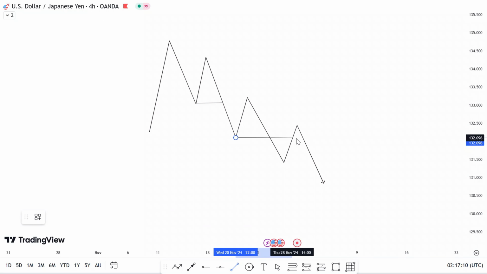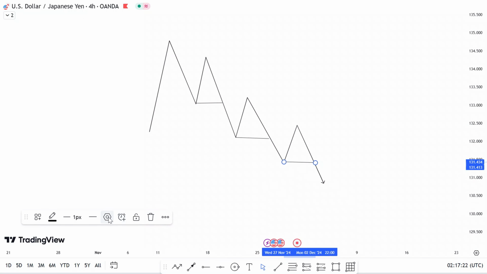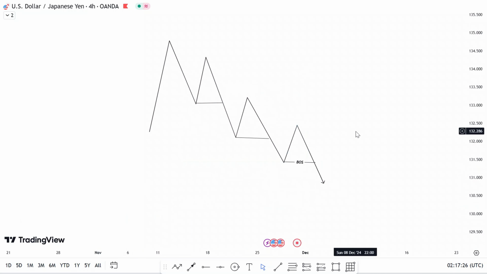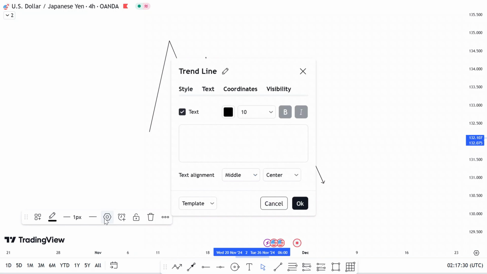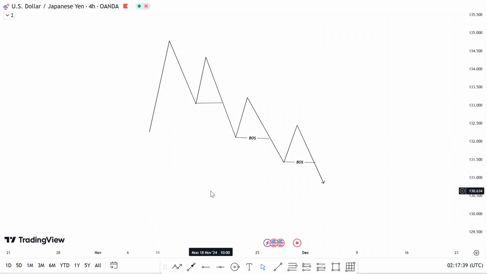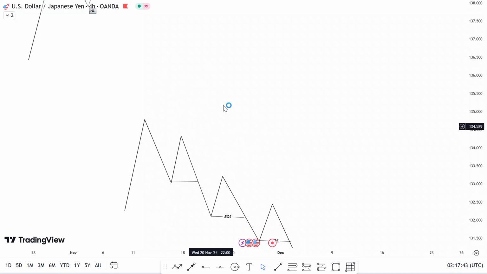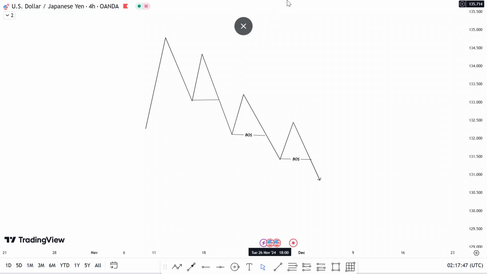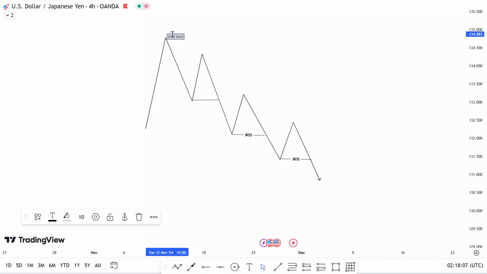We have break of structure, break of structure, break of structure, then we have lower highs and lower lows.